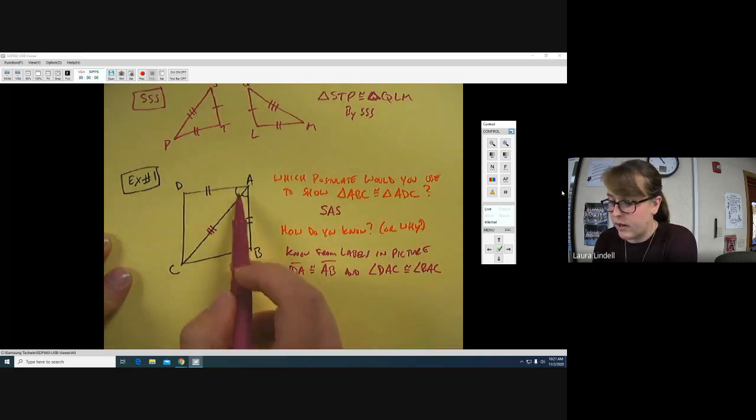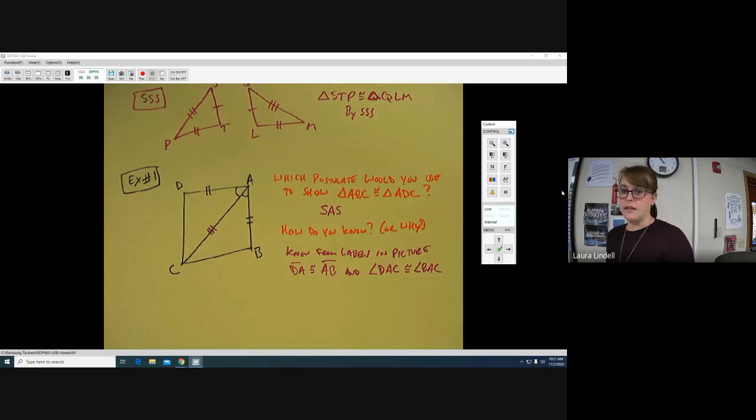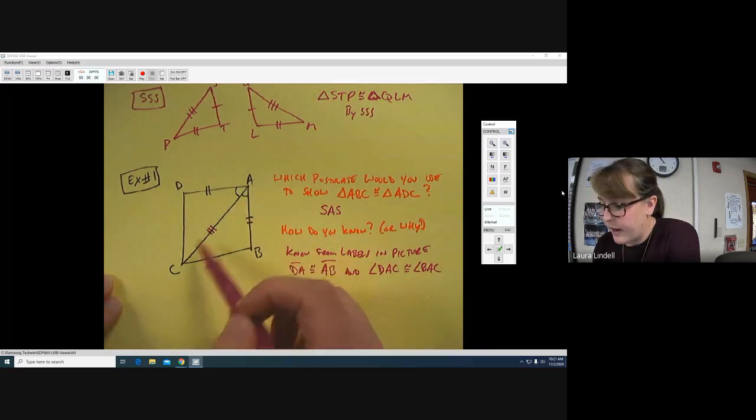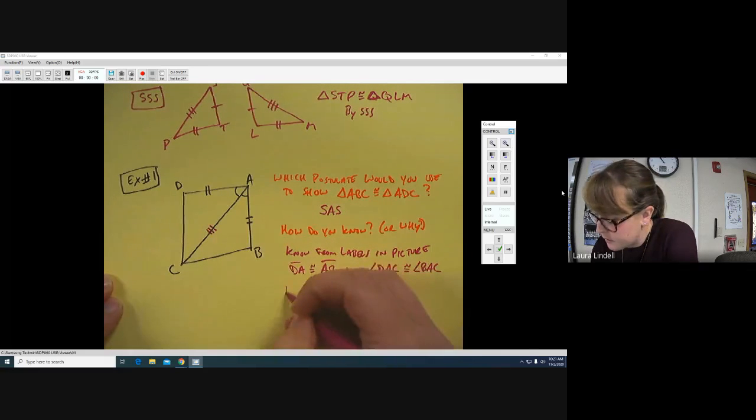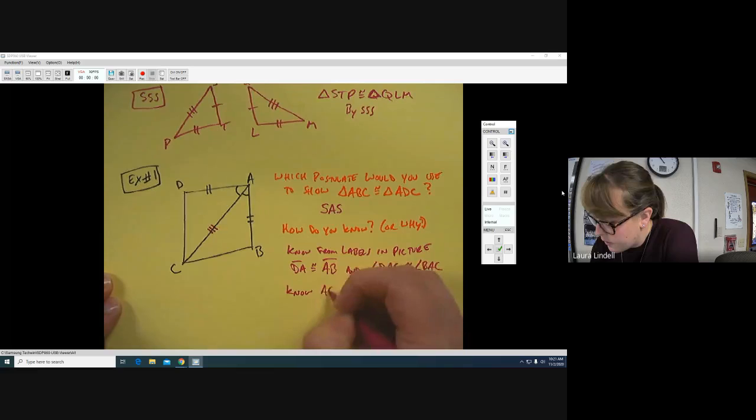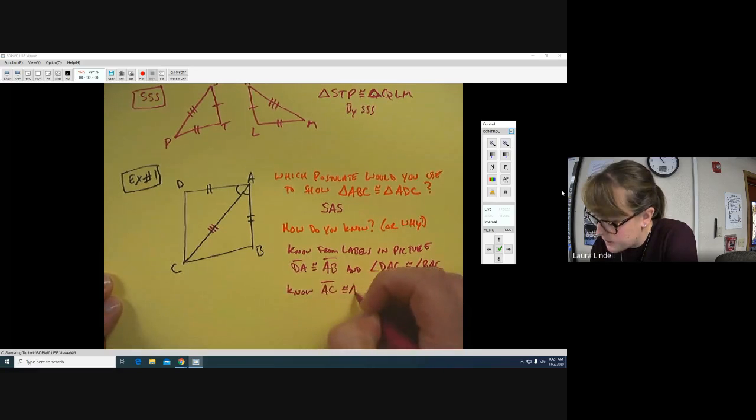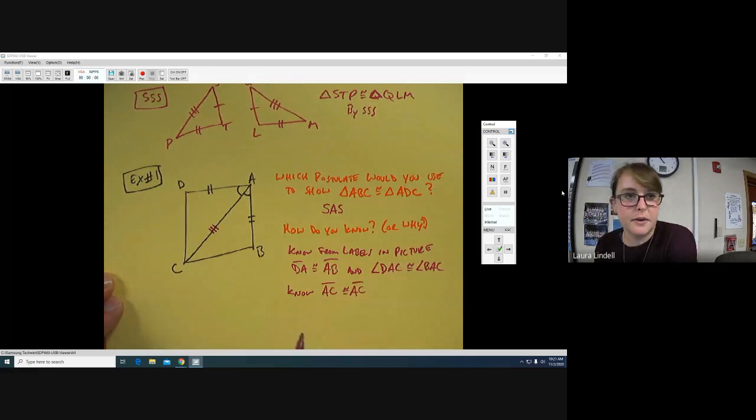So things that were already labeled before we even did anything, we know those parts. Here's the part that's different. I know that this side, AC, is congruent to AC. It's congruent to itself.